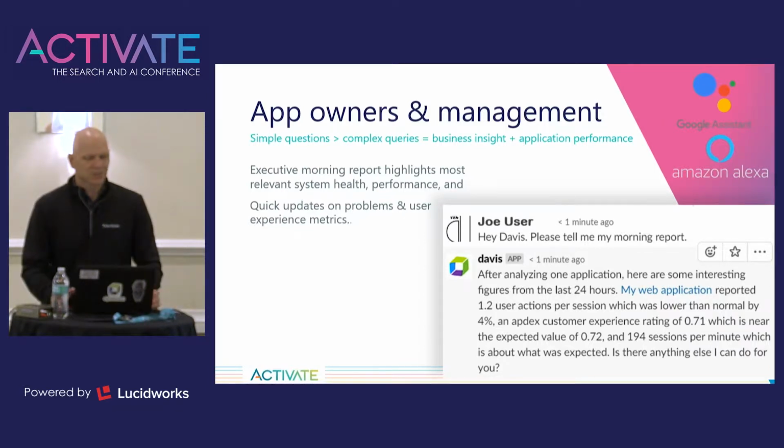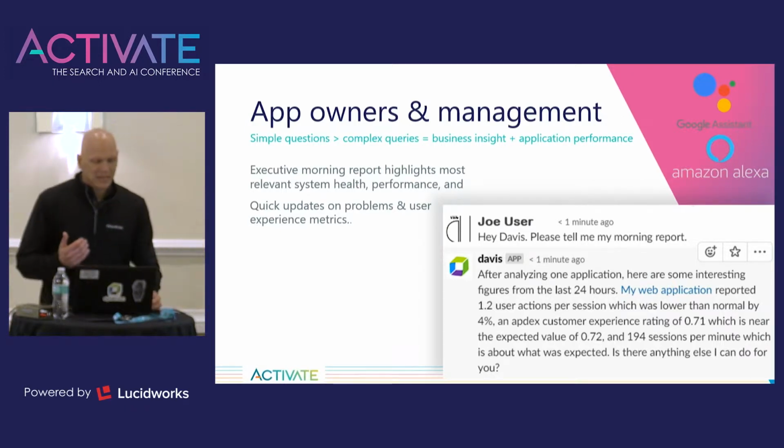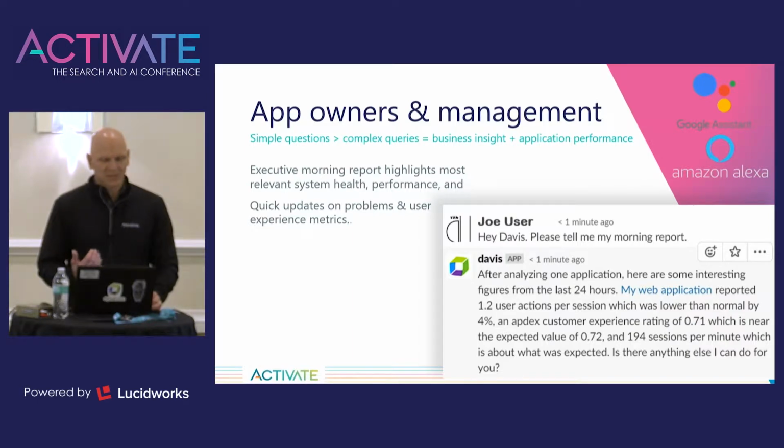It's a simple command, and in the background our AI is analyzing all of your monitored applications, surfacing the relevant indicators or problems, and also user activity. That's quick, succinct, and gives you an overview. So that's really the first type of persona that we were targeting.